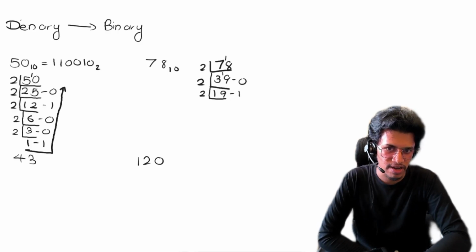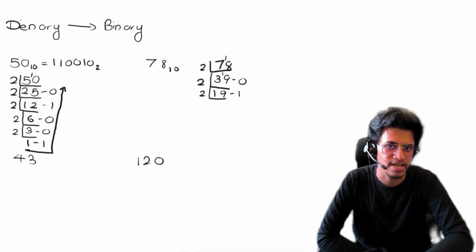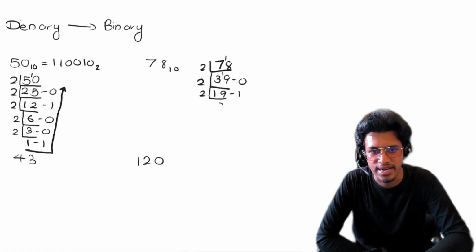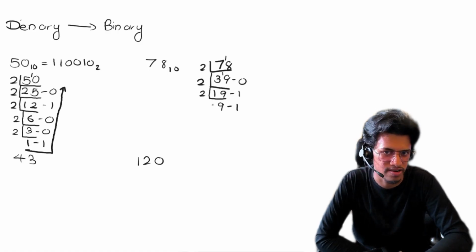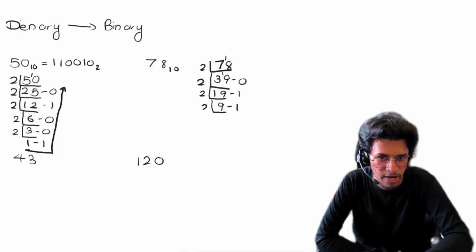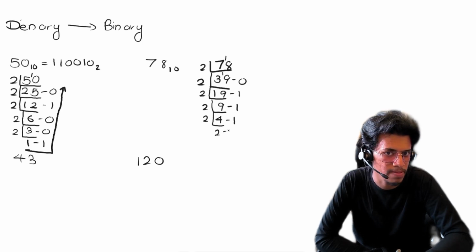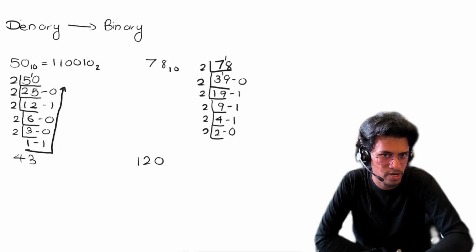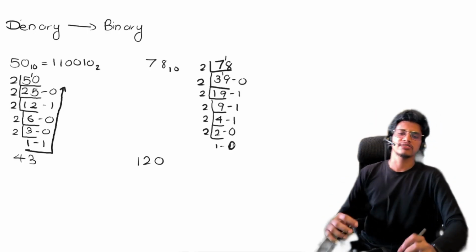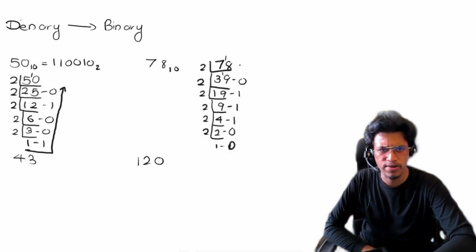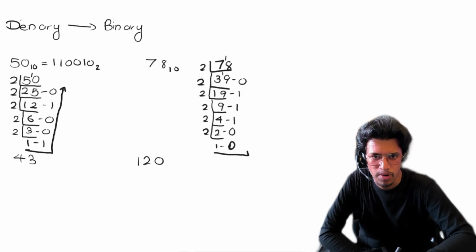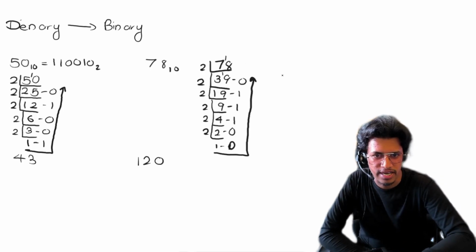Then 9 divided by 2 we get 4 and a balance of 1, and 4 divided by 2 we get 2 and a balance of 0, and then 2 divided by 2 we get 1 and a balance of 0. So we write it from the bottom to the top again.